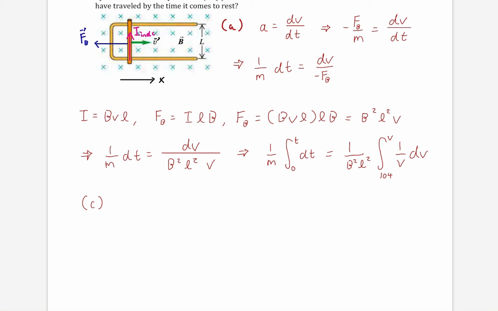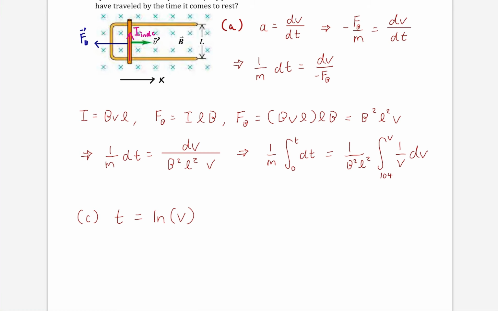Okay, once we solve this integral, and I want to keep it somewhat vague, so bear with me here, we'd have some t on one side plus the appropriate constants. Okay, but we'd have t on one side, and on the other side we're going to have the natural log of v. In particular, you'll definitely have more than one, right?